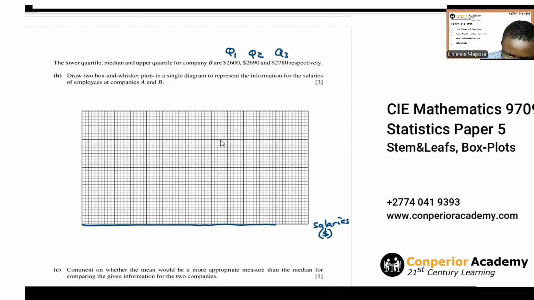Can I draw a perfect straight line? Okay, almost. Let's say we want to go up to 3,100 to accommodate 3,090.